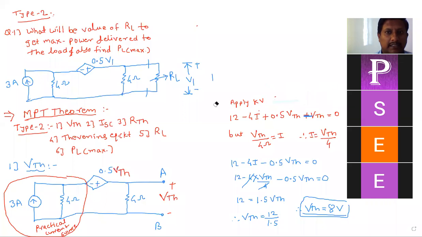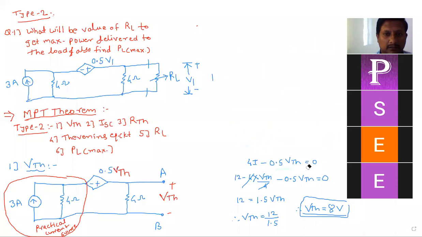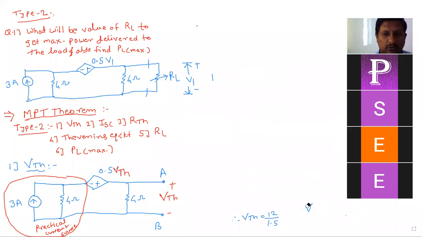While finding out ISC, before finding RTH, we need to find ISC. While finding ISC, we have to short the A and B terminals. So many modifications will happen in the circuit.